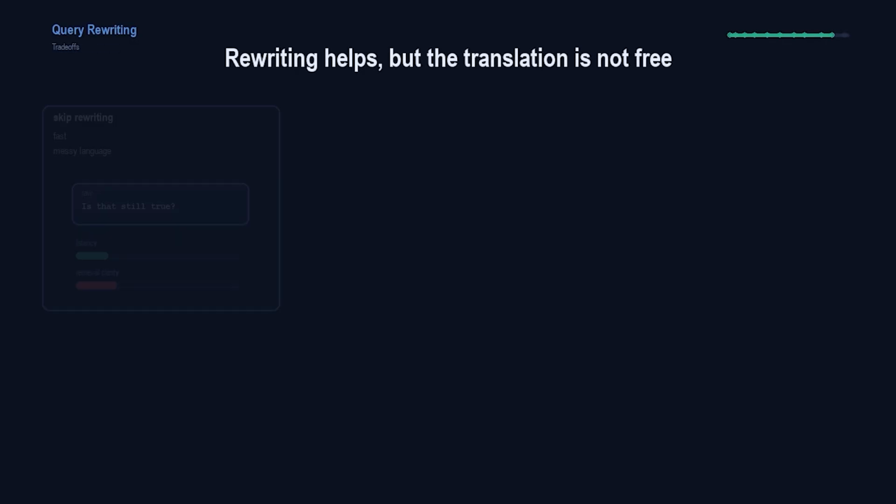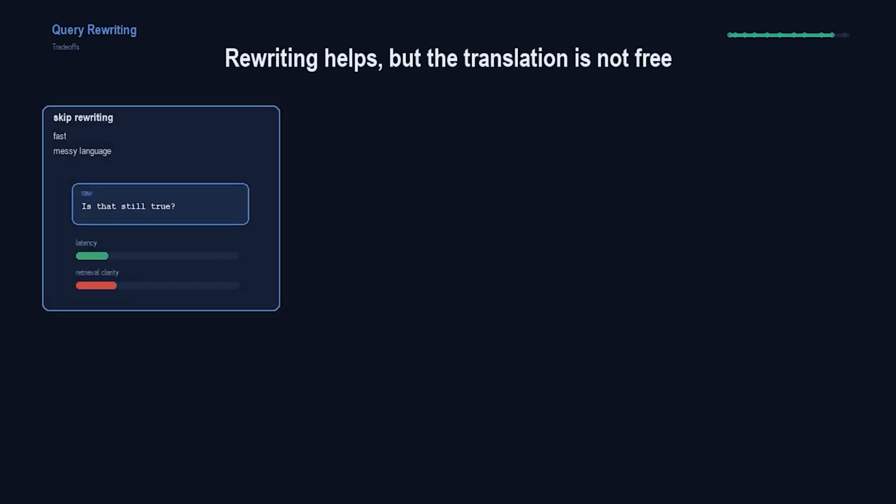But this translation isn't free. Each rewrite usually means an extra call to a language model before retrieval even starts. Generating multiple rewrites, as the research above does, means multiple retrieval calls and a re-ranking step on top.